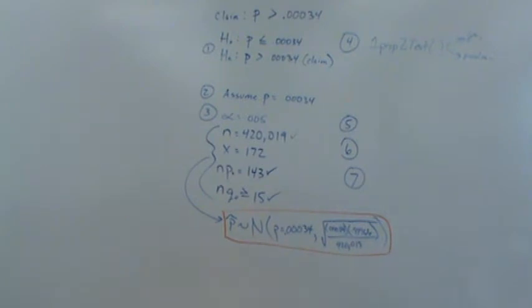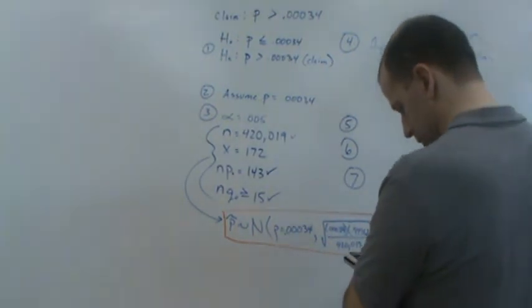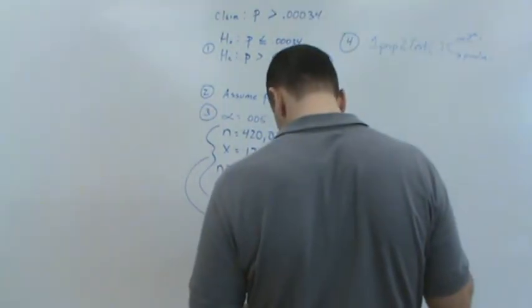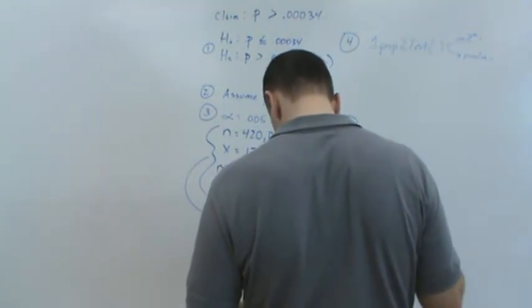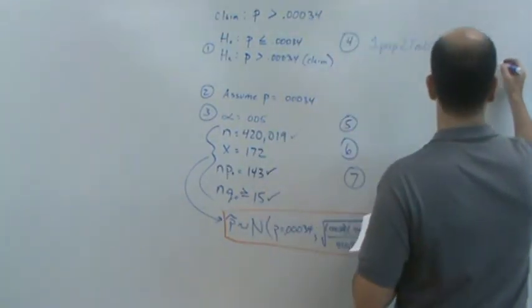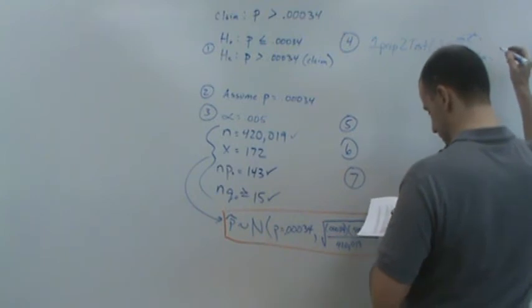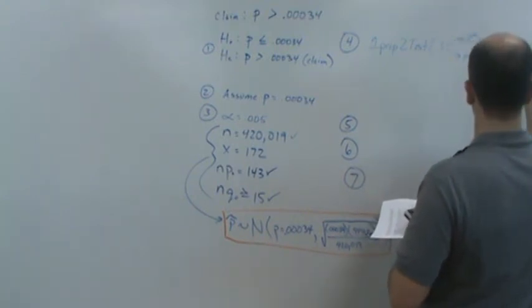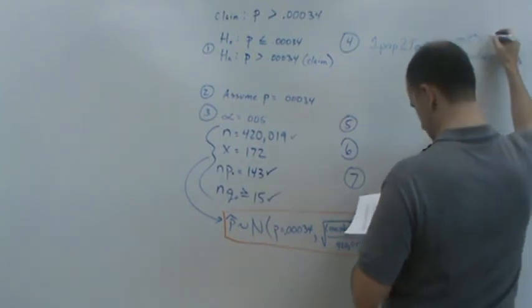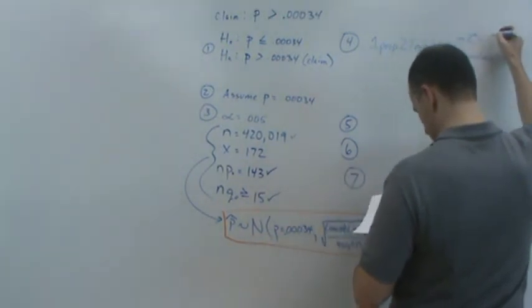And here is my, actually, not p hat, p value. It's 0.0073, and my z star is 2.44.